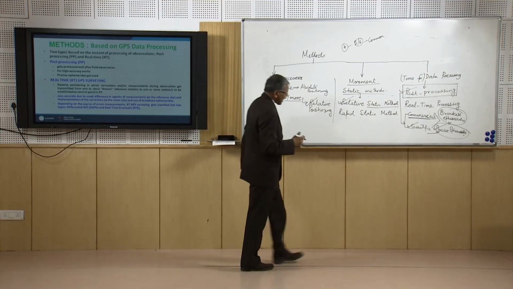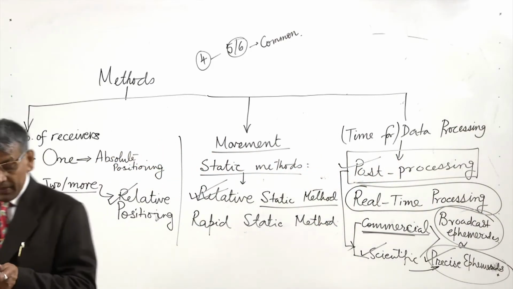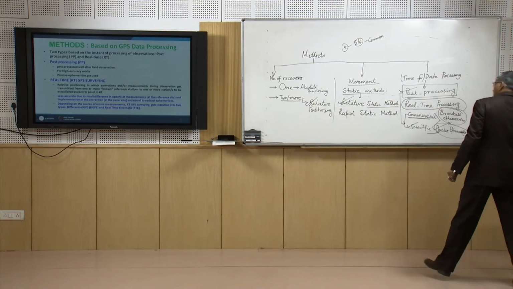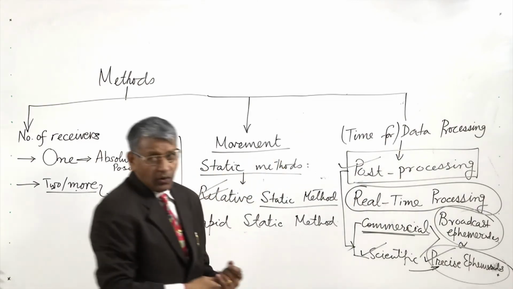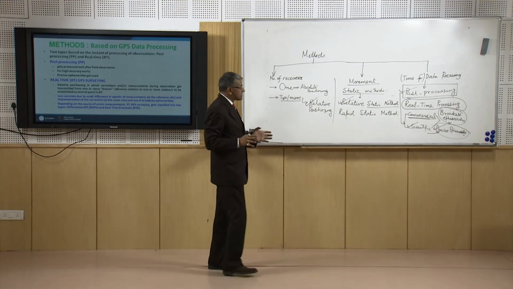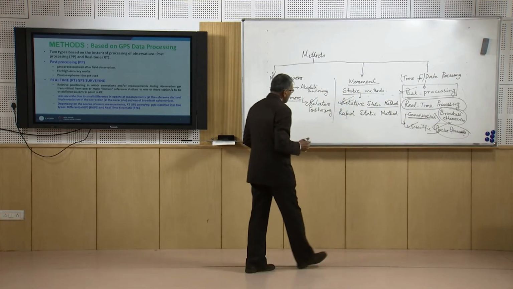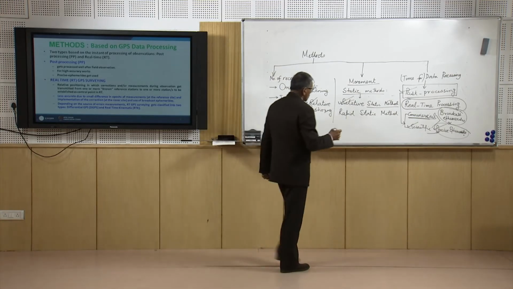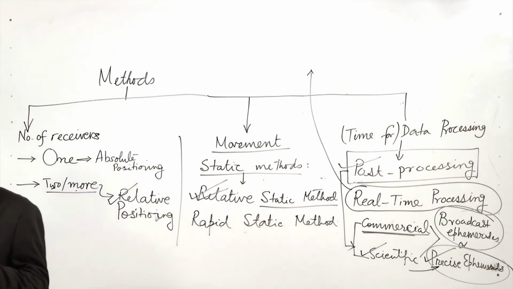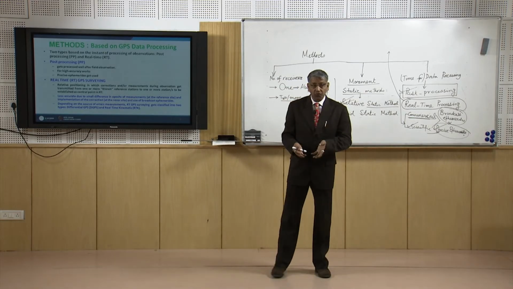Now, nowadays another method of establishing control points is coming up, that is real time processing. There are many varieties of real time processing. The whole idea of GPS data processing is to minimize the error and arrive at a better solution. In real time processing, the data captured by the GPS receiver gets processed immediately after receiving it.